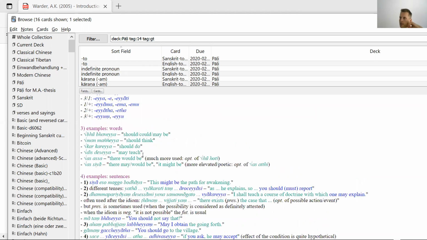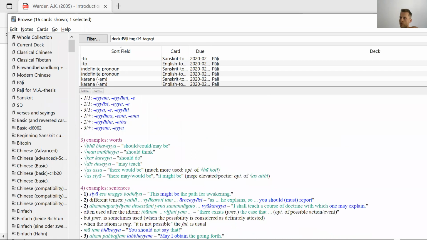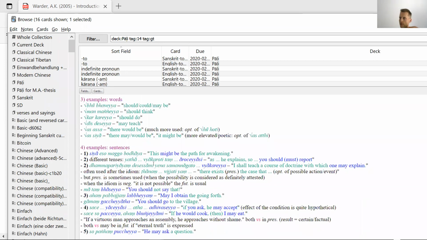The second example, the mild form of command or strong injunction or even prohibition. We have yatha vyakaroti tam arocheyyasi, as he explains, so you must report. Dhammam pariyayam te desessami yena samannagato vyakareyya.